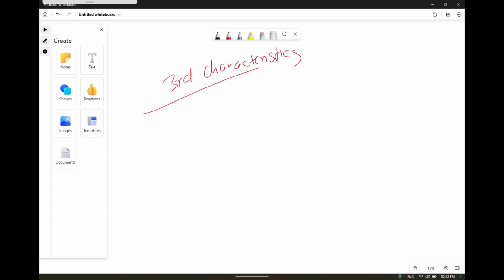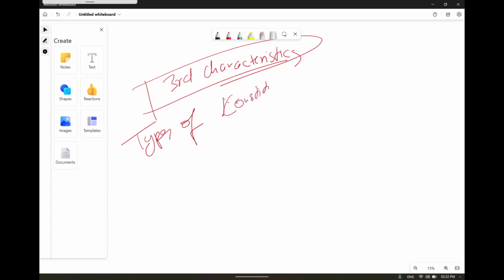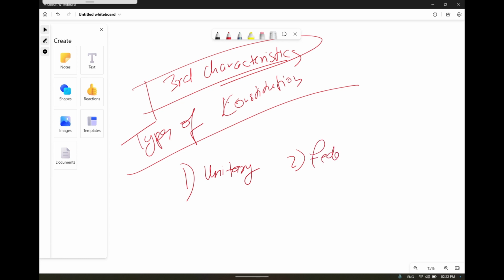On the basis of the third characteristic, there are two types: one is unitary and another is federal. Now this is very interesting.